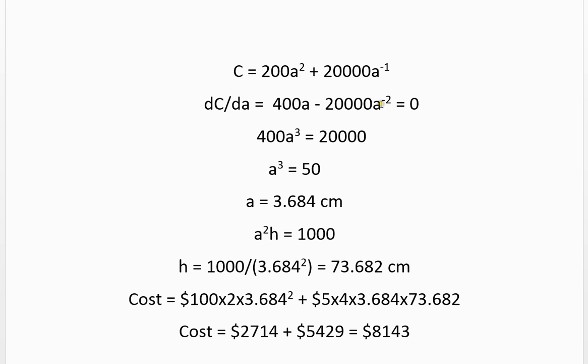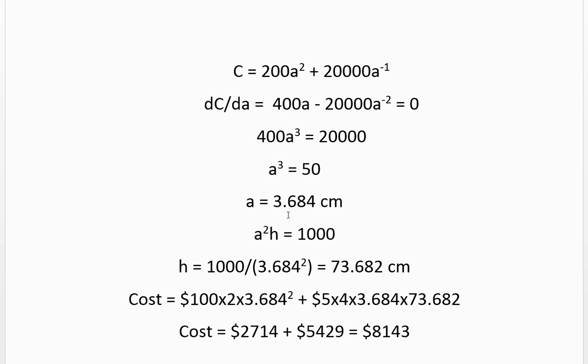Now, to get A by itself, we're going to multiply both sides by A squared, and then rearrange, and so we get 400A cubed equals 20,000, and therefore A cubed equals 50, and take the cube root, we get 3.684, similar to 3.7 in my other example.